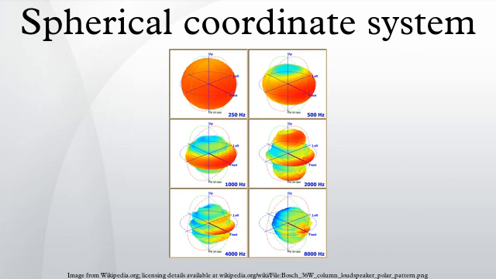ISBN 978-0-387-18430-2. External links: Hazewinkel, Michiel, ed., Spherical Coordinates, Encyclopedia of Mathematics, Springer, ISBN 978-1-55608-010-4.